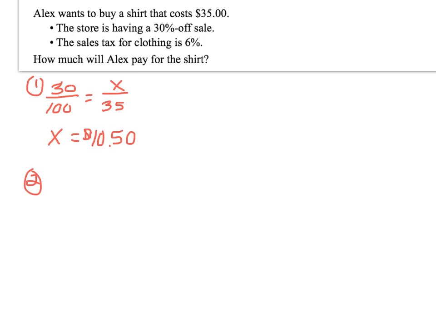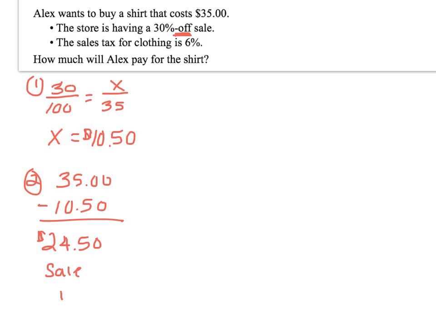It says 30% off, so I'm going to take my original price, $35, and subtract my $10.50, and when I do that, I get $24.50. This is my sale price. This is how much I now have to spend for that shirt.